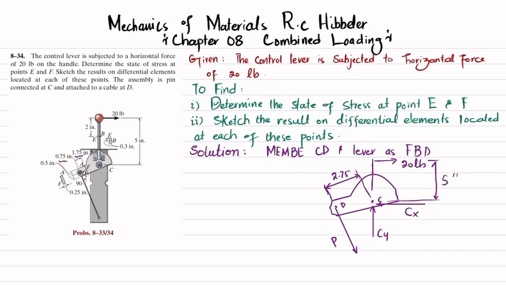We will apply the equation of equilibrium that the sum of all moments about point C must be equal to 0, taking counterclockwise moment as positive. Why do we take moments about point C?